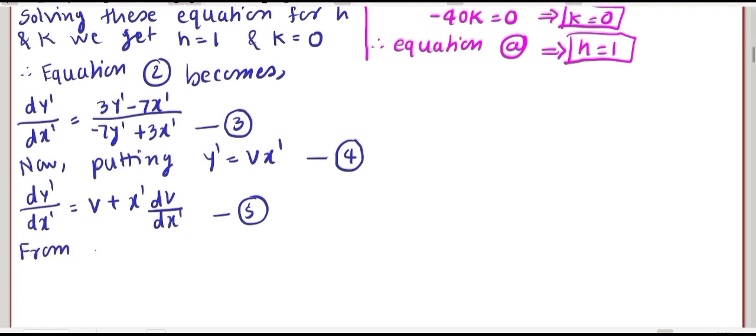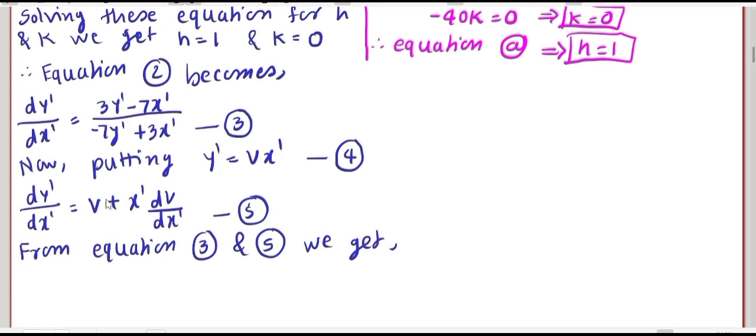Now from equation 3 and 5 we get, substituting dy'/dx' by this value and this value as it is, v plus x' dv/dx' is equal to (3y' minus 7x') divided by (minus 7y' plus 3x').